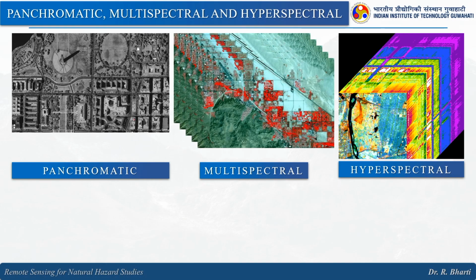The panchromatic image is a one band image and it uses a broader wavelength range of the electromagnetic spectrum. So let us say it is using 400 to 1500 nanometer. This whole range is used to generate only one image. In this slide I will try to explain panchromatic, multispectral and hyperspectral remote sensing.